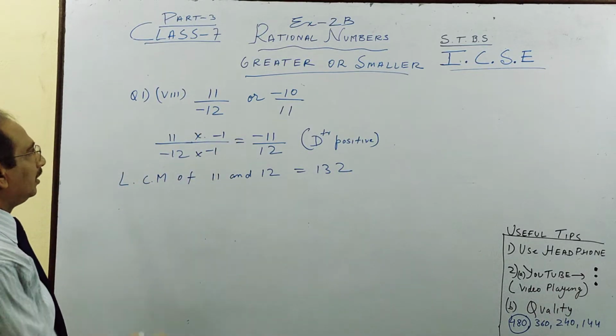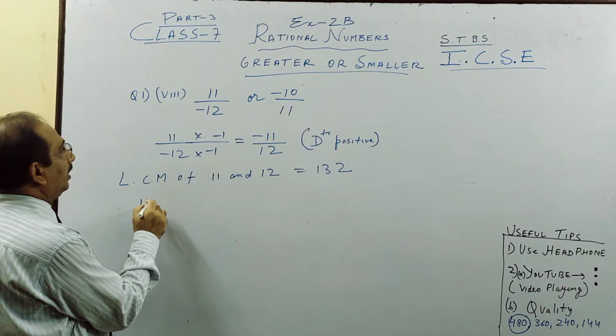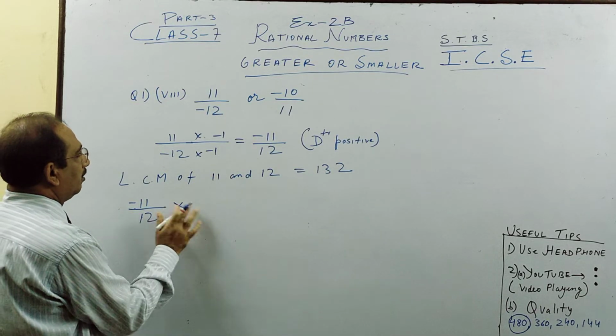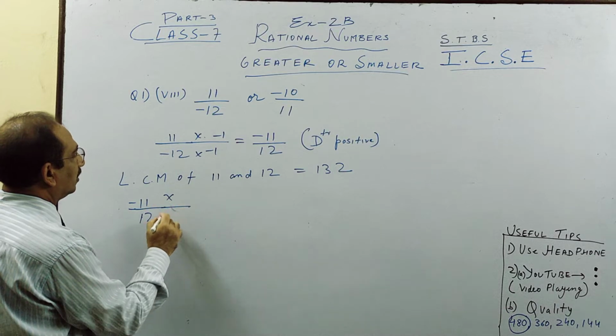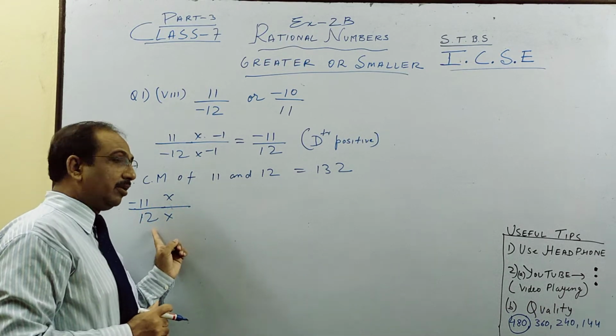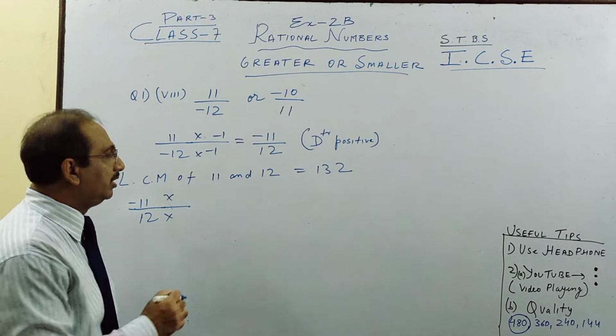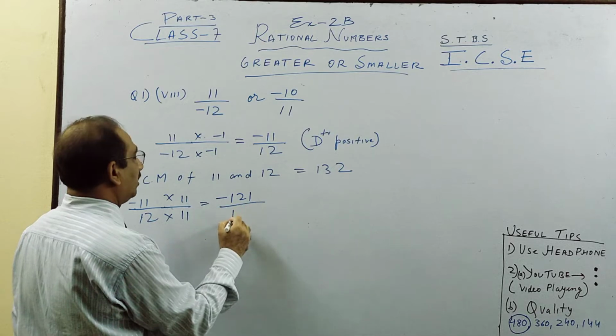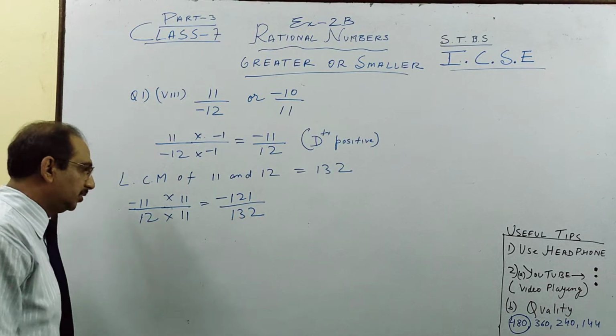Okay. Now 11 by 12, this I multiply and divide. So 11, how? The 12 denominator we have to make equal. 12 11s are 132. So we get 121 by 132.